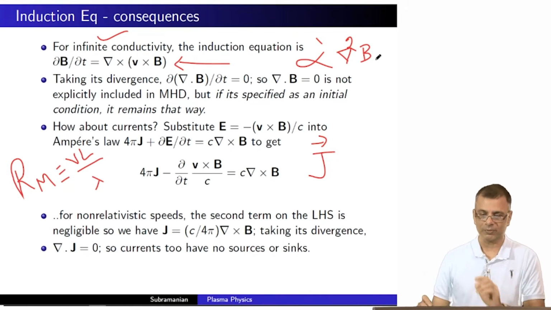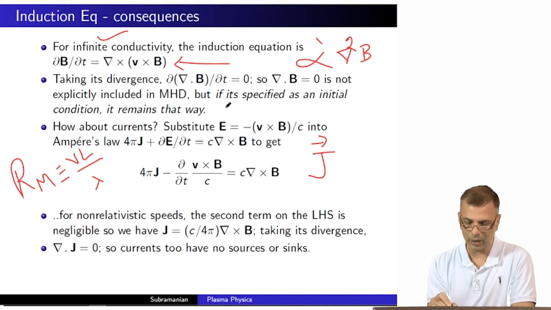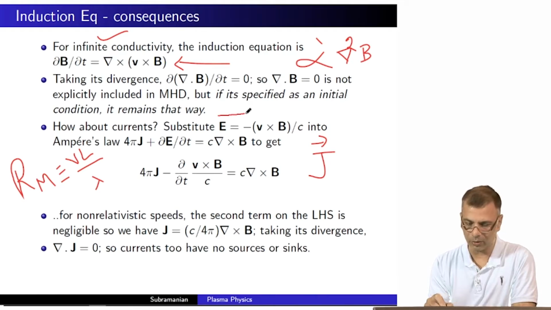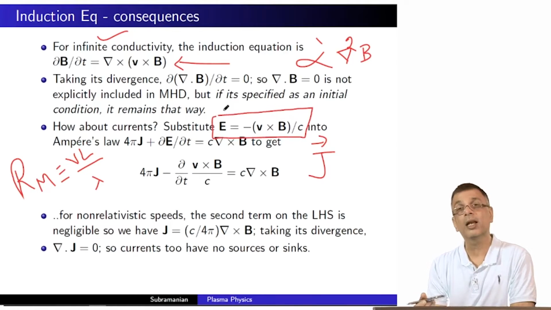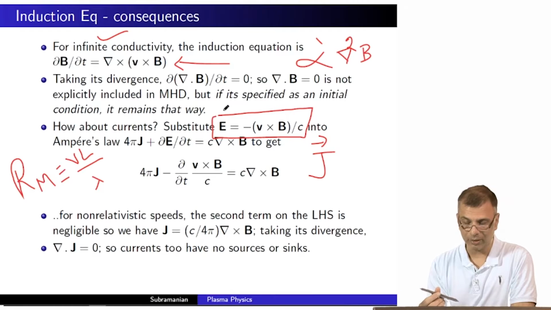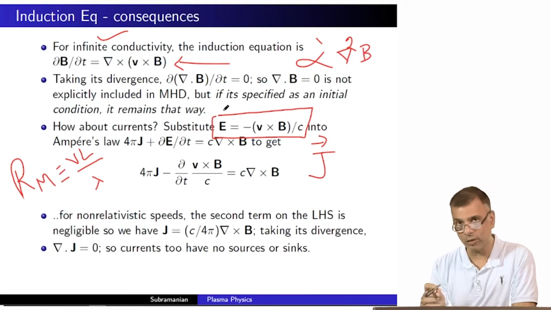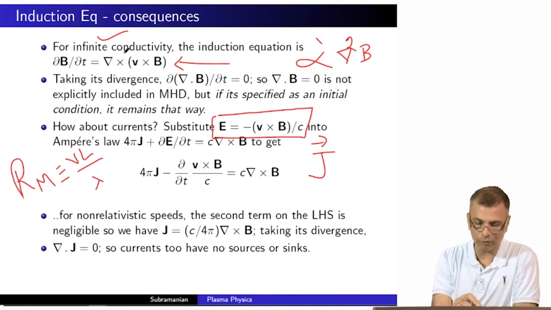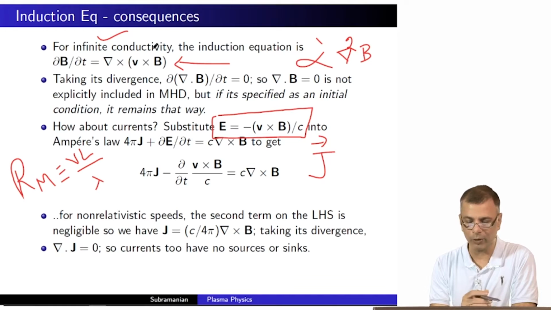Now you recall how we derived this. E equals, so this is the electric field in the lab observer's frame, right? In the fluid frame there is no electric field. If the plasma is infinitely conducting, by definition there cannot be any electric field in the fluid frame.